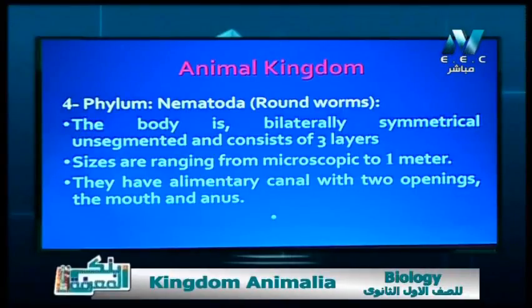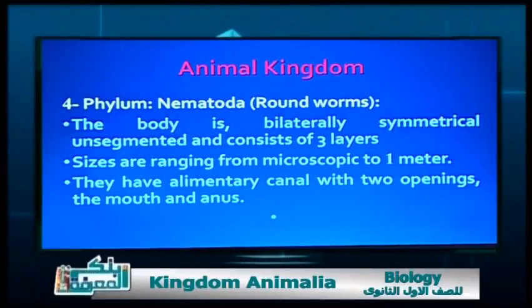It consists of 3 layers, the outer layer and the inner one, and one in between. The size ranges from microscopic to 1 meter. So the size ranges from very few millimeters or parts of a millimeter and up to 1 meter.